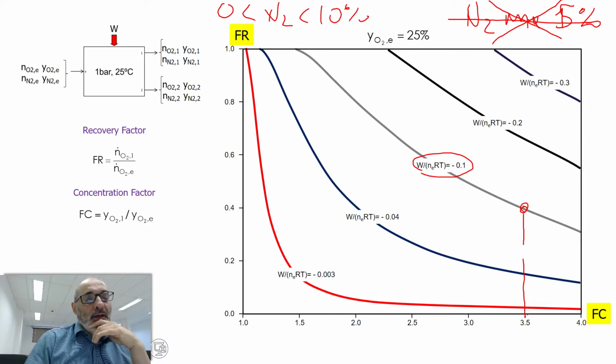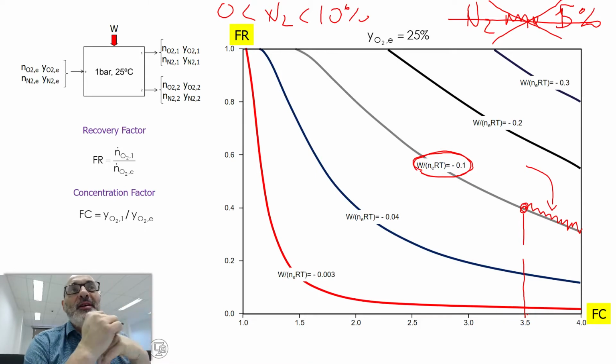If you have an interval and you already fixed the amount of work, this means that you have an interval here in order to control your process. The point is, where is it better to work in terms of overall exergy consumption? That's how this type of graph is used.